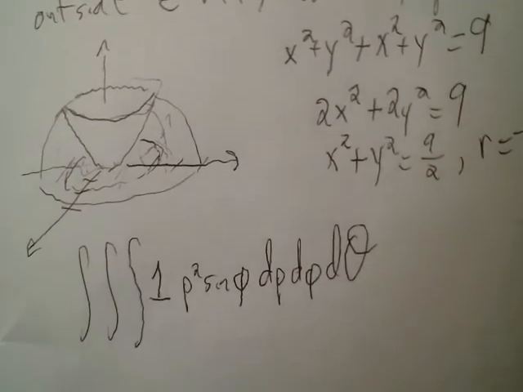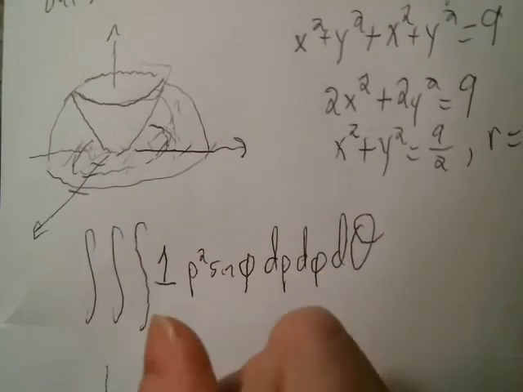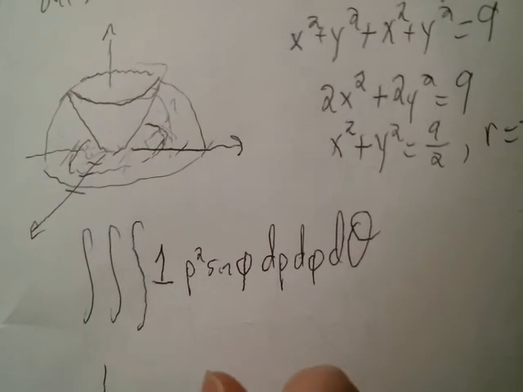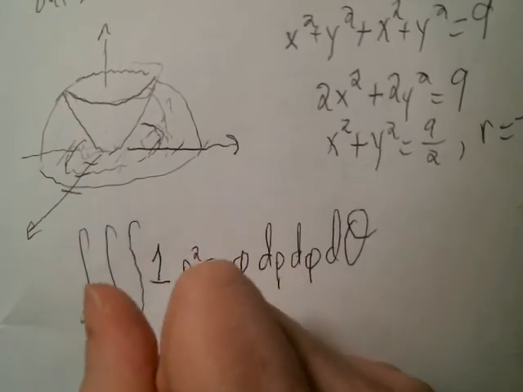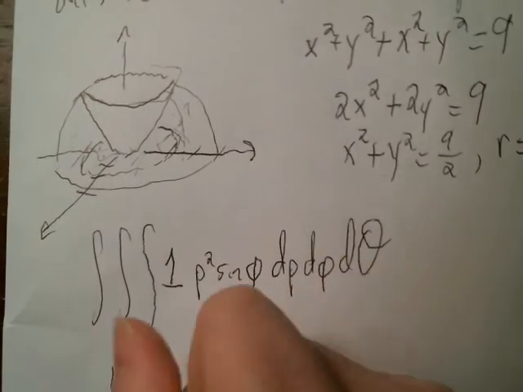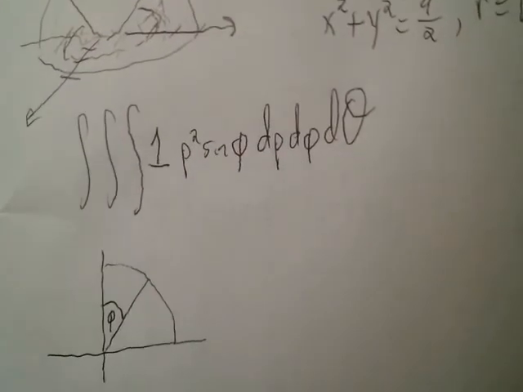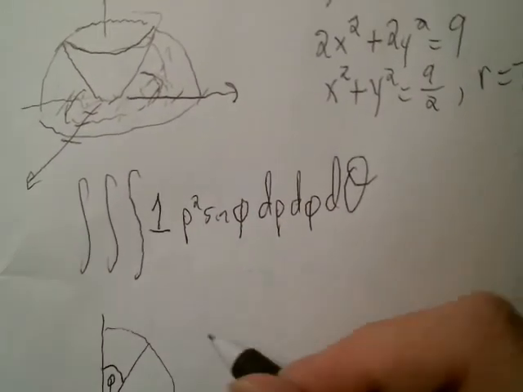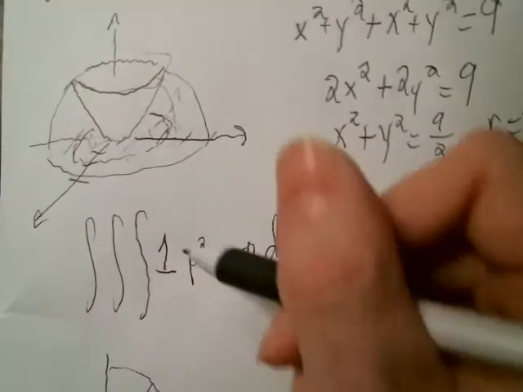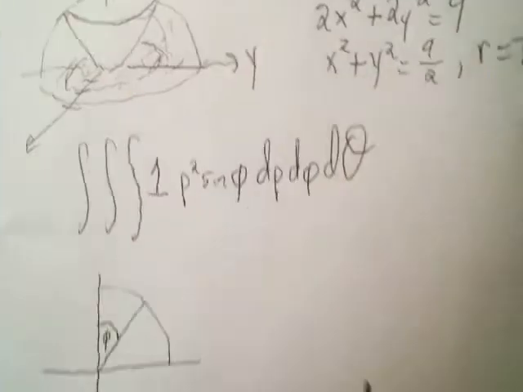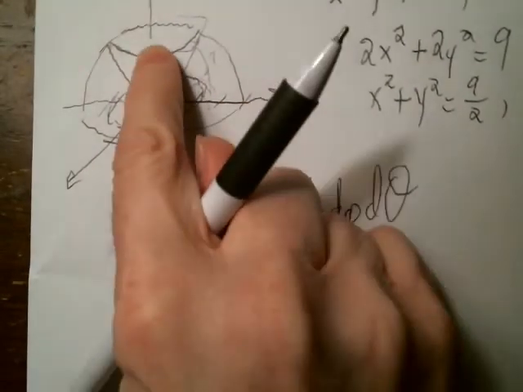Okay. So in the YZ plane, we can look at this object that we're worried about. And this angle here is the phi angle. If I looked at this head on in the YZ plane, it would be in this region here.